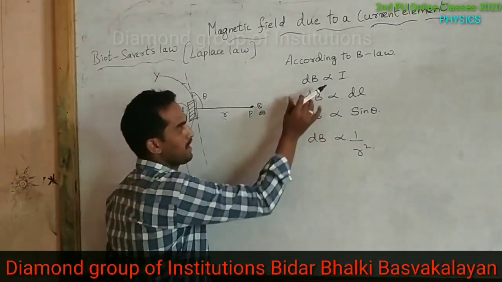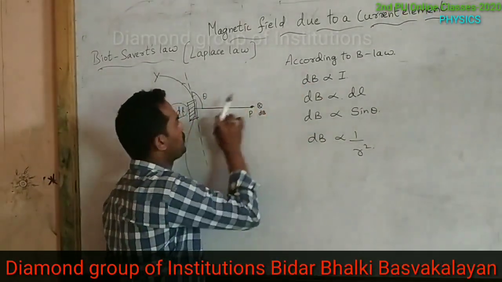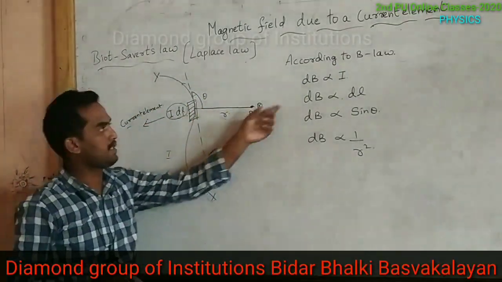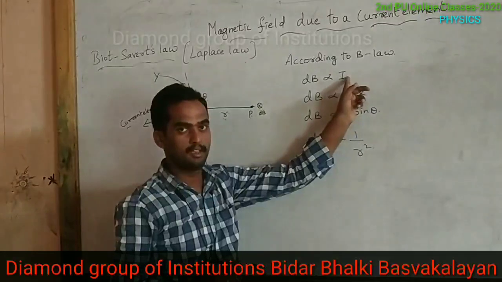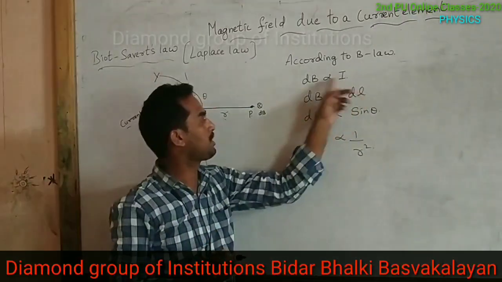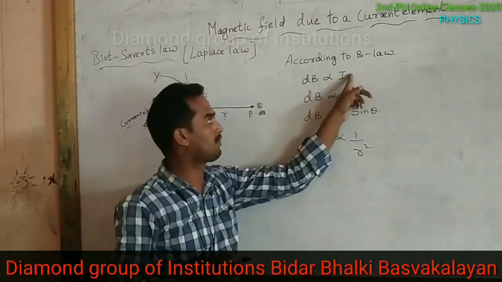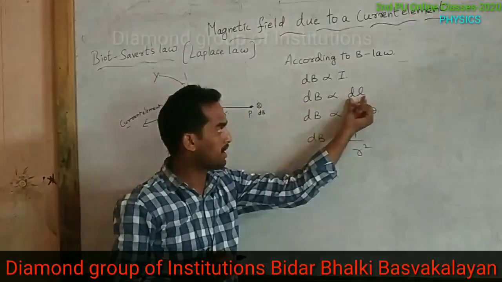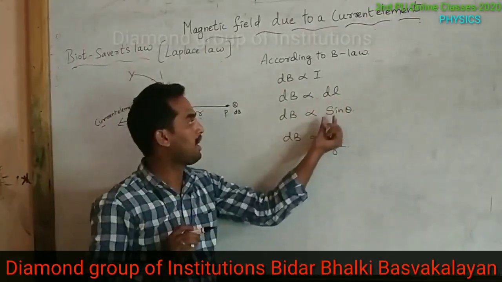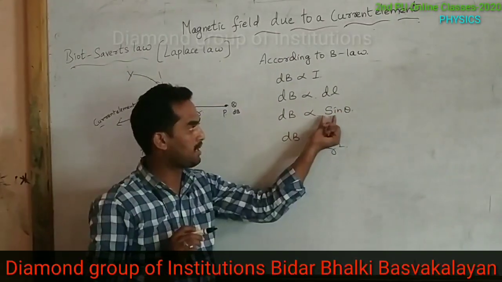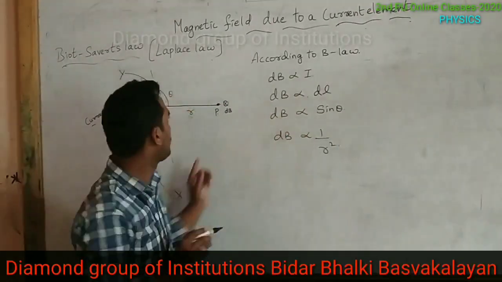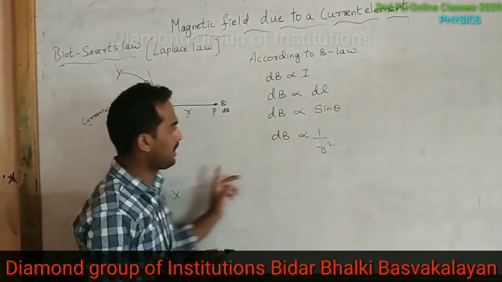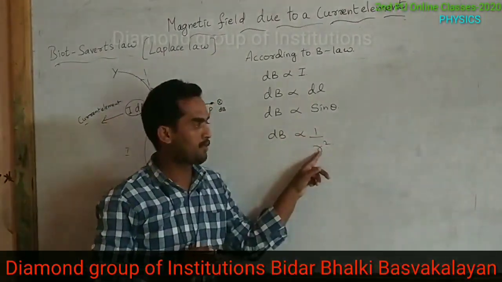See once again, the magnetic field produced by this current element is directly proportional to I, the strength of the current flowing; to the length dl, the small current element; and to the sine of the angle between the current element and R; and it is inversely proportional to the square of the distance.